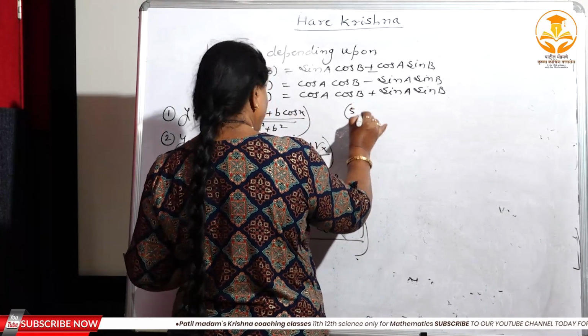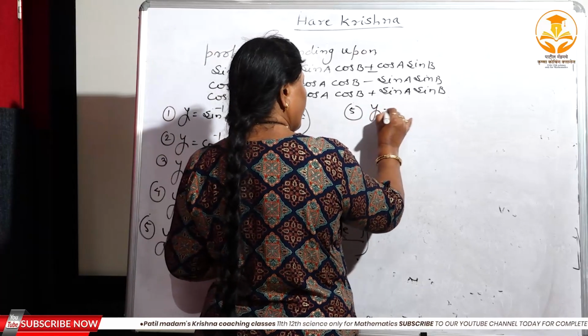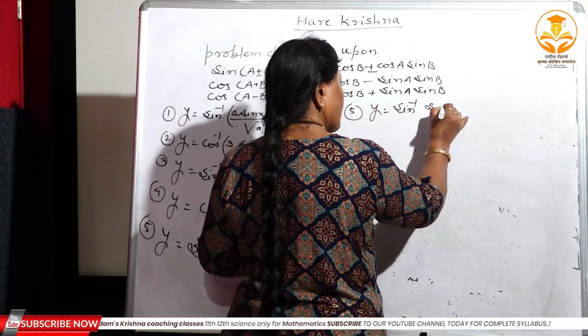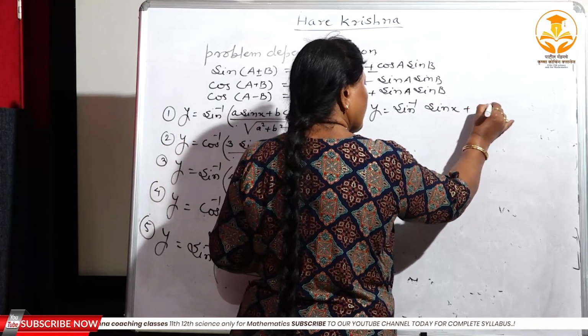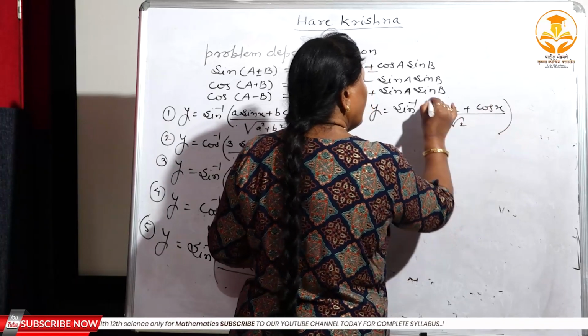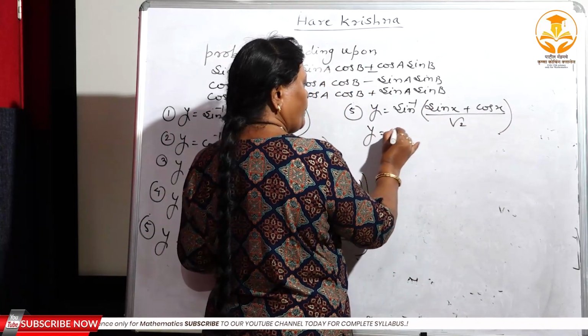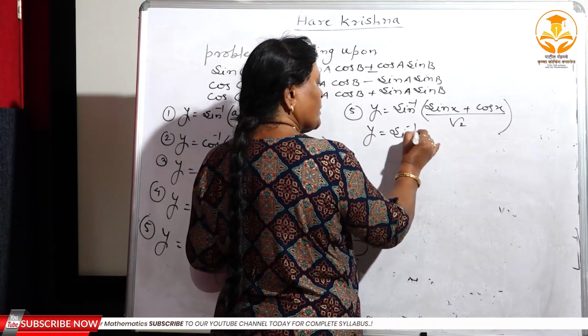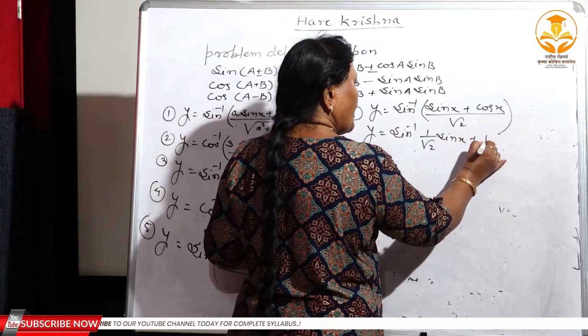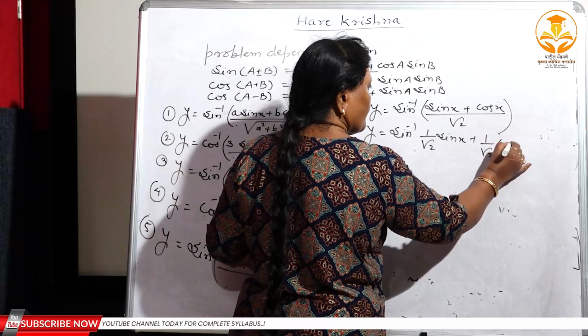Fifth one. Y is equal to sin inverse of sin x plus cos x divided by root 2. Right? Now again, if you separate this, sin inverse of 1 by root 2 sin x plus 1 by root 2 cos x.